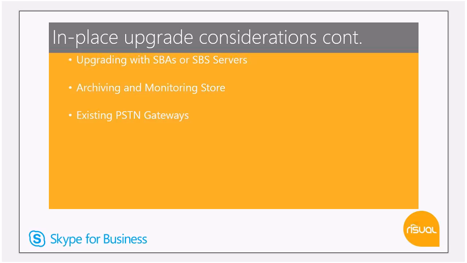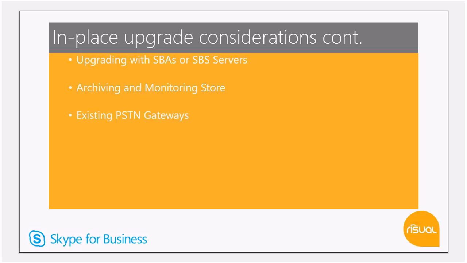But it's not mandatory to upgrade your archiving and monitoring stores, so you can disassociate them and start fresh, or you can keep them associated during the in-place upgrade process and upgrade them to the latest database schema version.